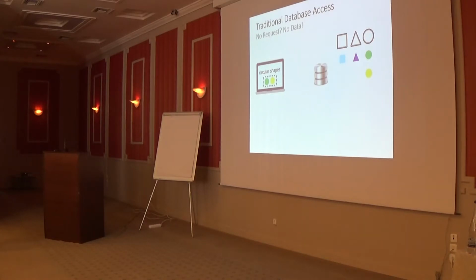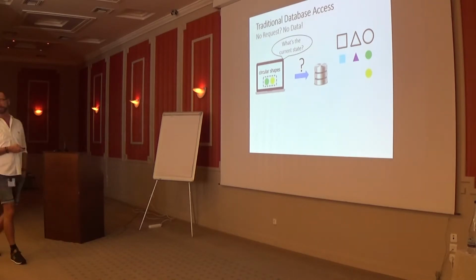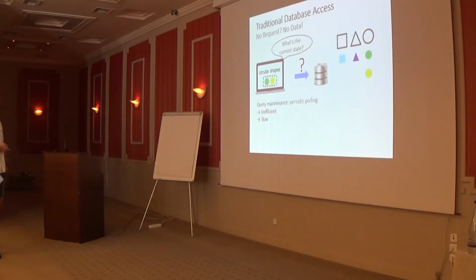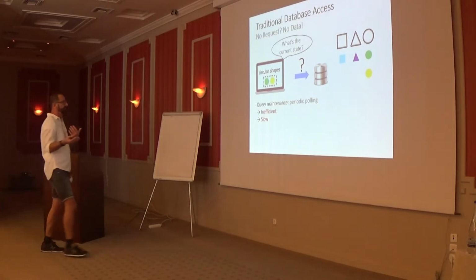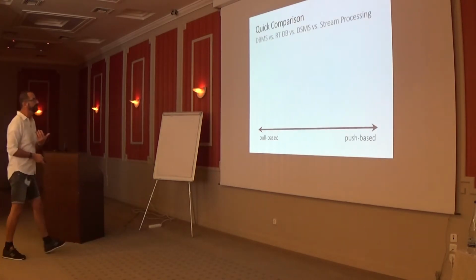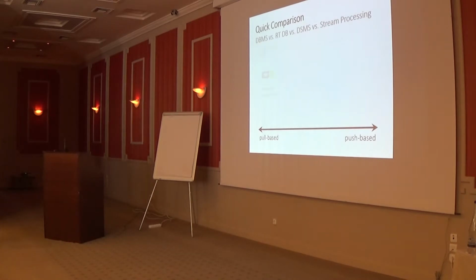I want to repeat this, to show this slide again and to remind you that in the traditional case, we always have to ask about the current state. Then we get the full answer and we are not notified about something which happens in the database. Query maintenance is actually periodic polling, and that can't be really effective. So it's inefficient and it's slow. We need to do something else.